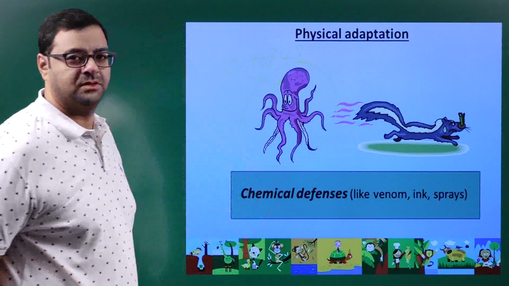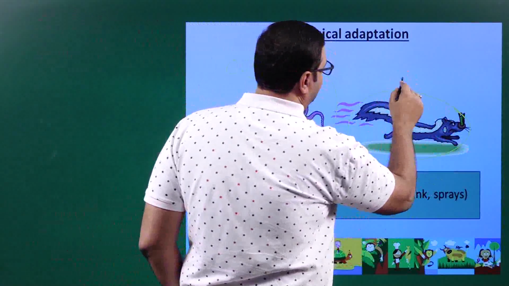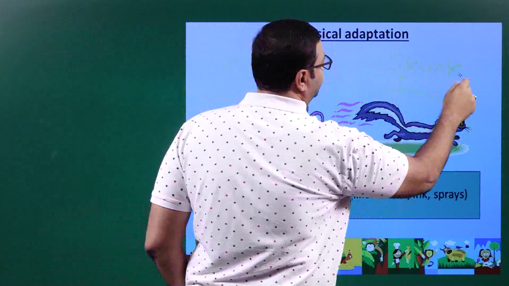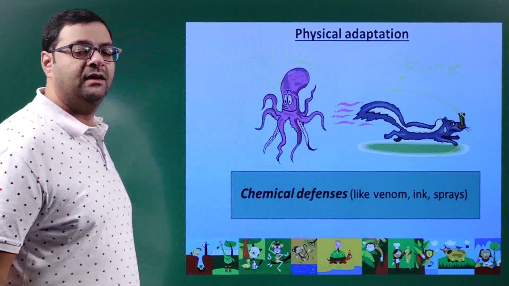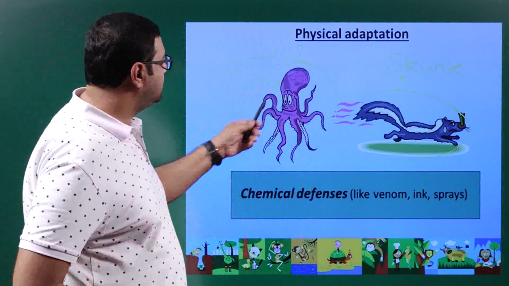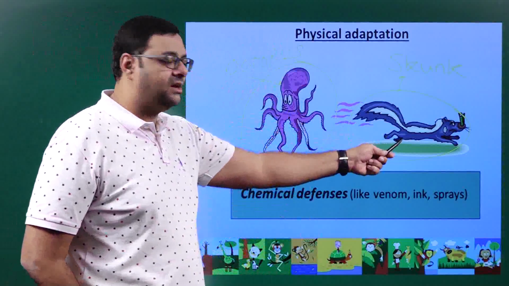It's an octopus. And what you can see here now is a skunk. Now, these organisms live in the sea, and this one lives on land.